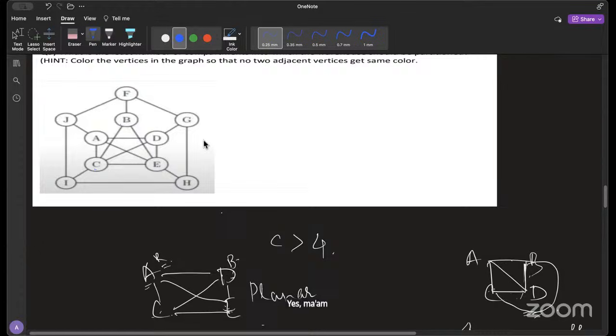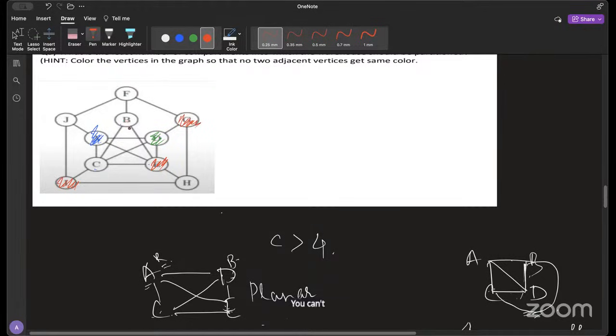We need different colors. Let's start with this one only because they're all connected to all the others. So let's start from here. Different color for this, different for this, different for this, and different for this one. And then this cannot have red, so you can do this as red. And then this also you can do red.